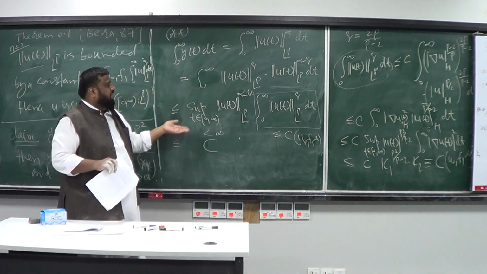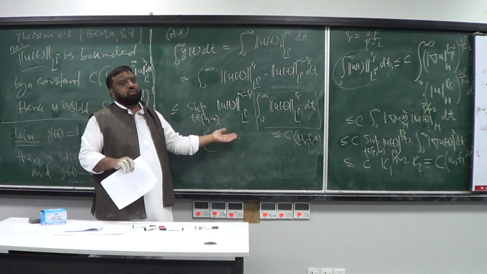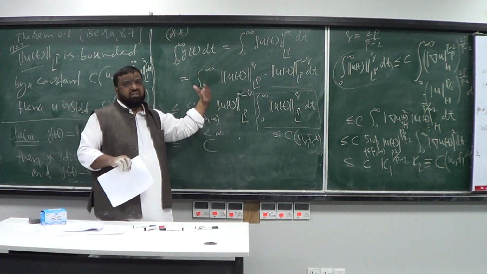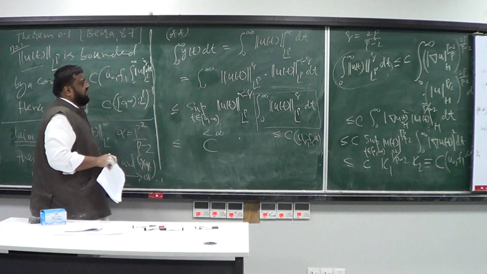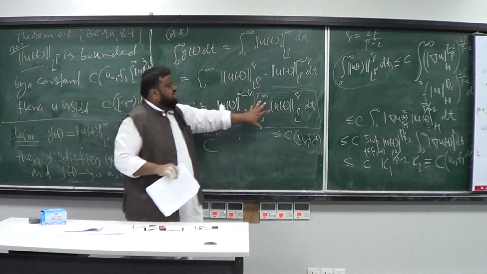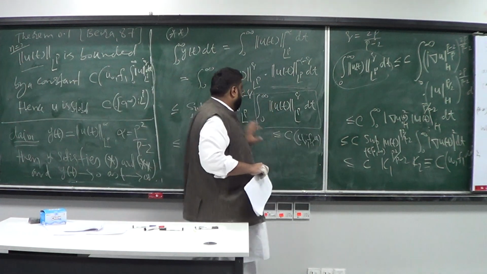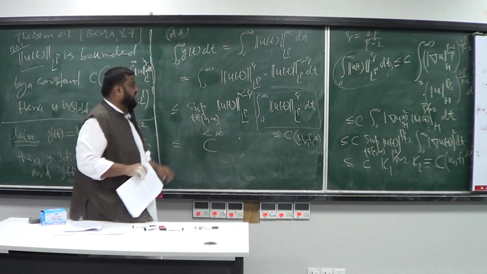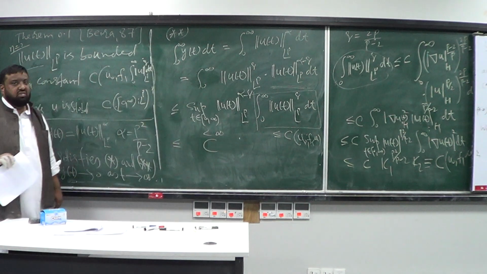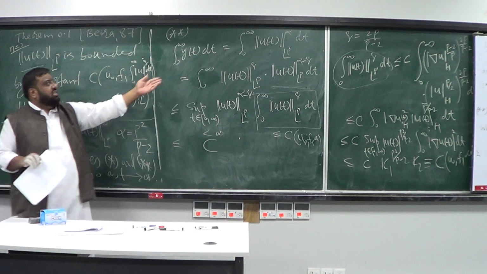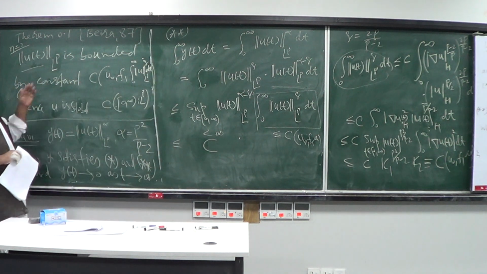Because the supremum of the LP norm of u of t is finite, its power alpha minus q is also finite. So this is finite and this is less than or equal to a constant, so this entire side is less than or equal to a constant, and this is precisely condition double star for y of t.